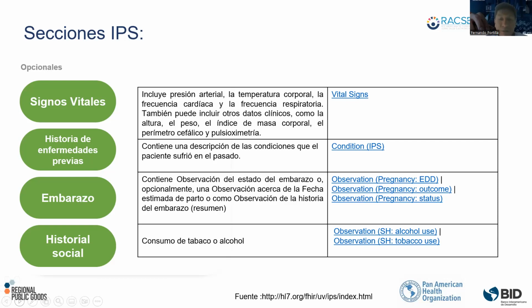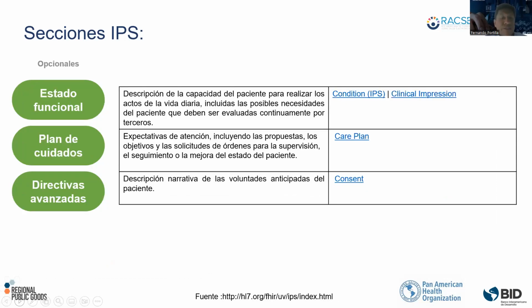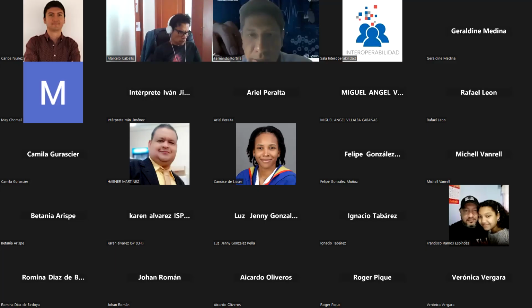It's key. Social history, for example, that's also within observation, functional state, care plan, and advanced guidelines. So this, at a very high level again, is a summary. So let me just give you a quick overview.